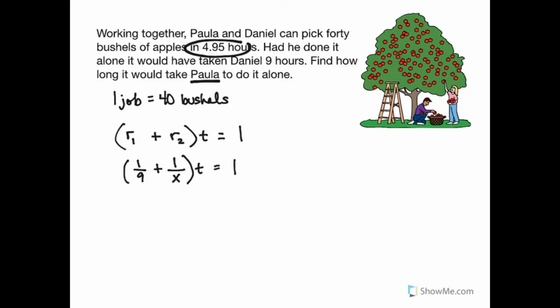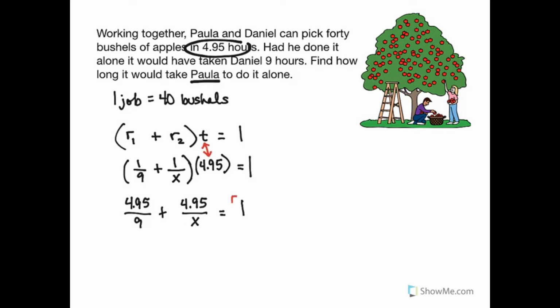Now t isn't a variable here. t is 4.95 hours, so let me put that in. That way I have only one variable left in the problem: x. So my equation is 4.95 over 9 plus 4.95 over x equals 1.